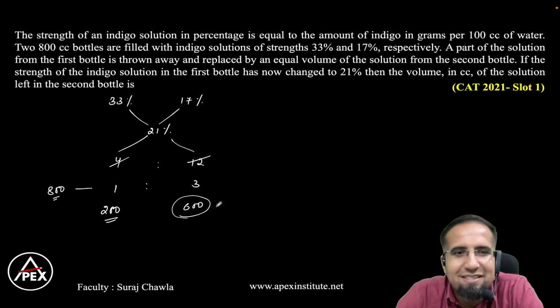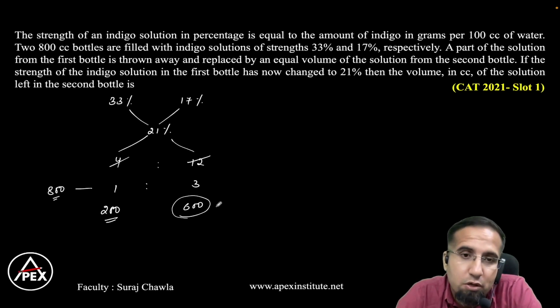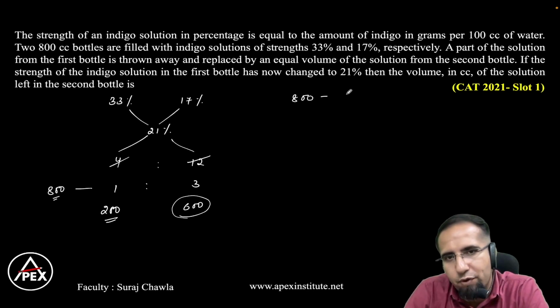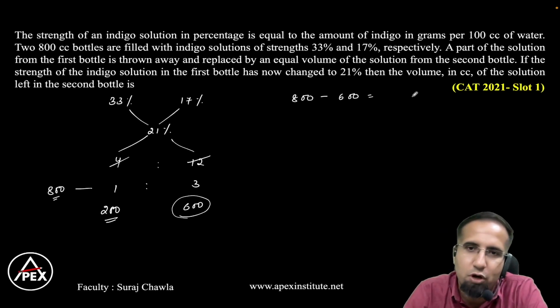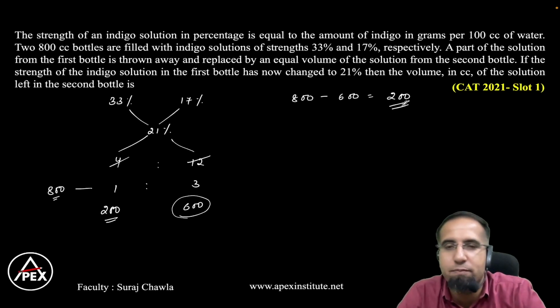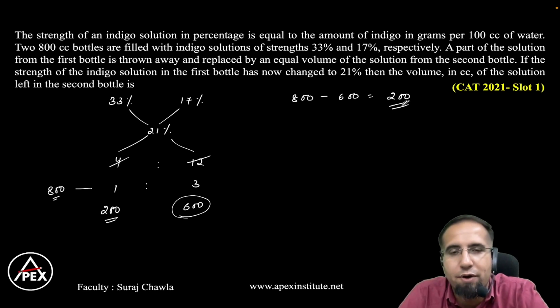Clear? So if 600 cc is bottle 2 here, that means out of 800 ml of bottle 2, we have taken out 600 cc of bottle 2 and given it to bottle 1. That means the volume left after the exchange in bottle 2 is going to be 200 cc, and that is going to be our required answer.